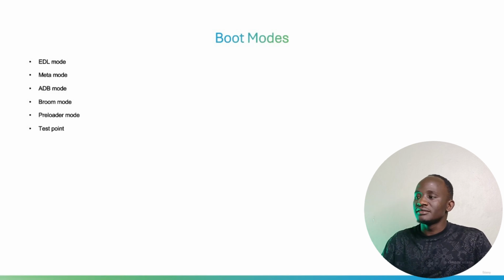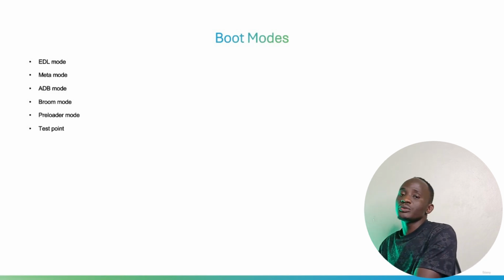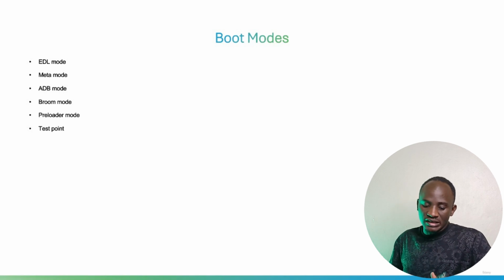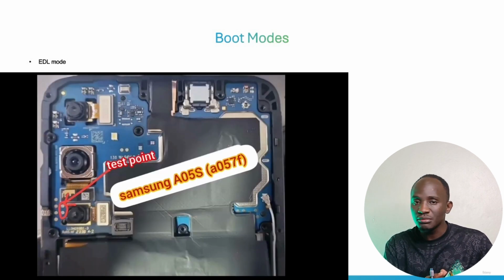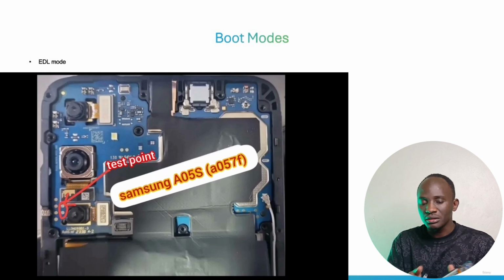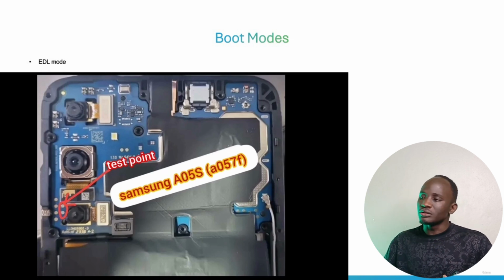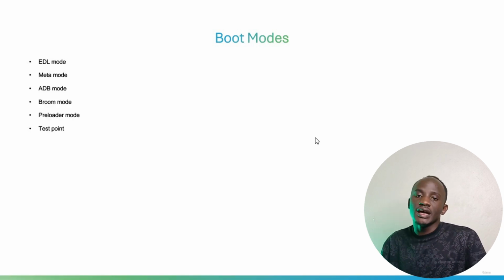Again, then we have test points, just like we demonstrated in the previous videos. Test points are points on the motherboard that you can literally short and connect to the USB. Connecting these points on the motherboard and inserting USB will trigger the COM port on your computer and initiate the connection between your mobile device and your computer.